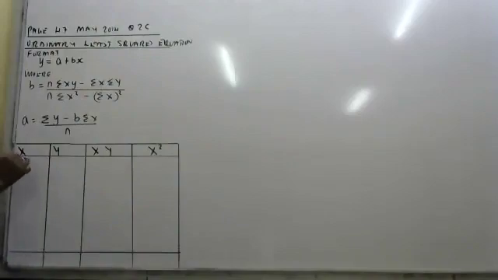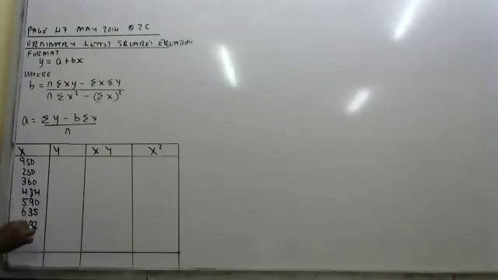We have 950, 250, 360, 484, 590, 635, 492, 370, and 415.